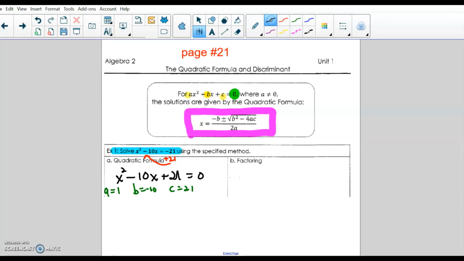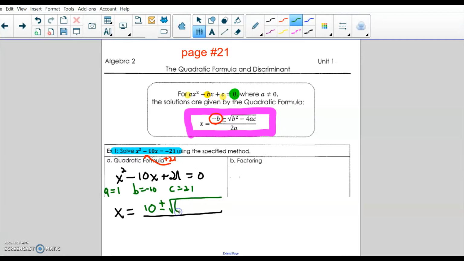Alright, so inside the quadratic formula, it is x equals, this is a really long fraction bar. We're going to use negative b, which is to say that we're changing the sign of b. And so since b is already negative, we're going to use a positive 10 for the b value. Plus minus comes after that. We get a square root.